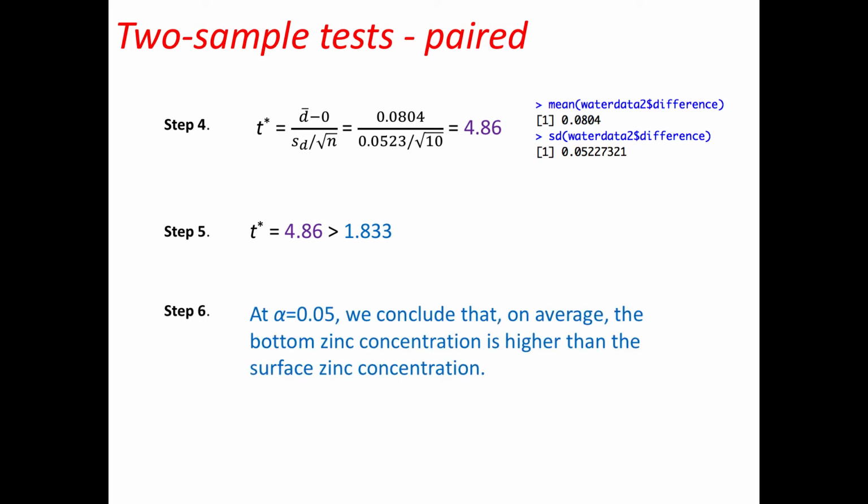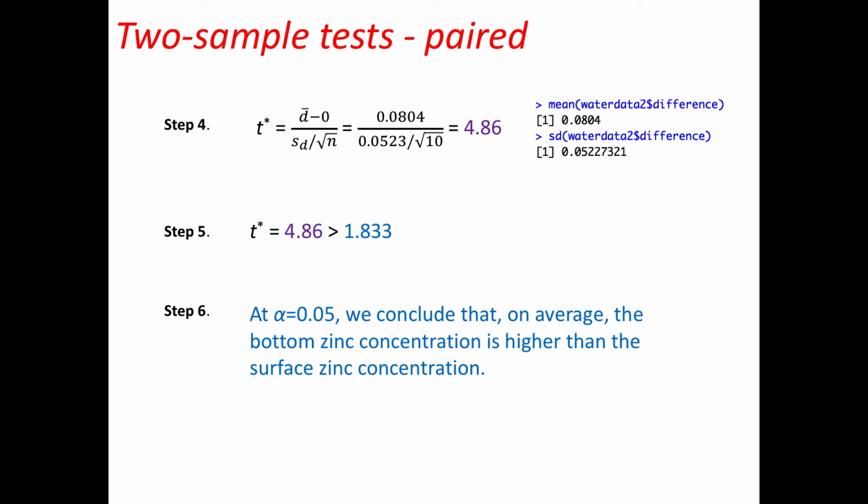The last step is step 6, which is to state the conclusion in words. So rejecting or failing to reject a null hypothesis is not a conclusion. That is only the previous step of identifying what this test statistic tells you about the question that you had. So stating a conclusion in words means you take what that means in context of whatever the original question was that you're asking with your test statistic.